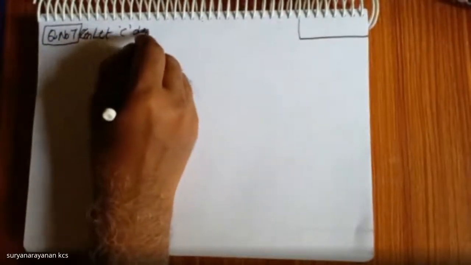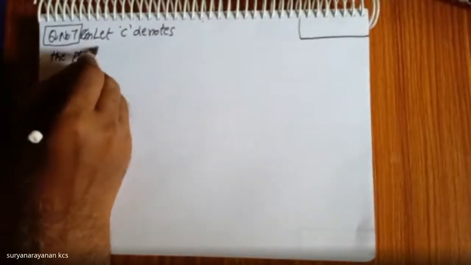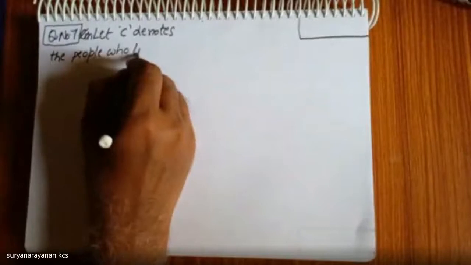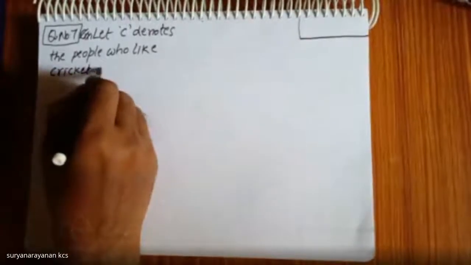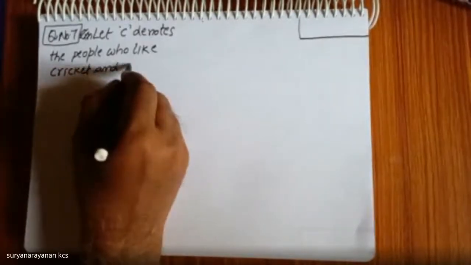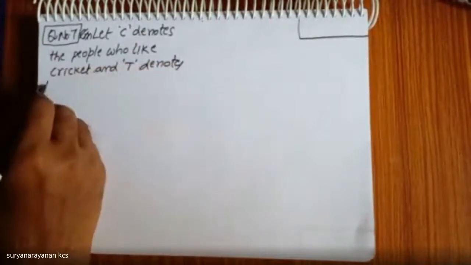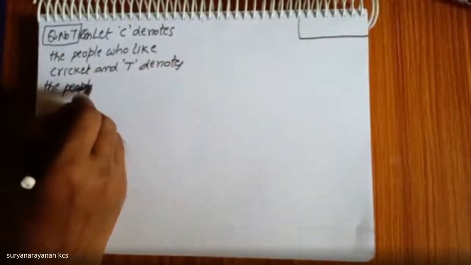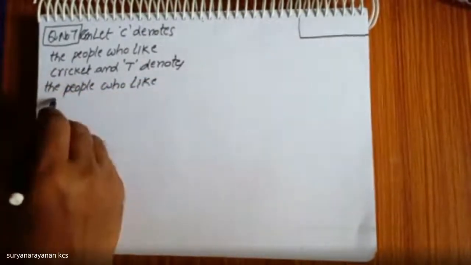Let C denote the people who like cricket, and T denotes the people who like tennis.